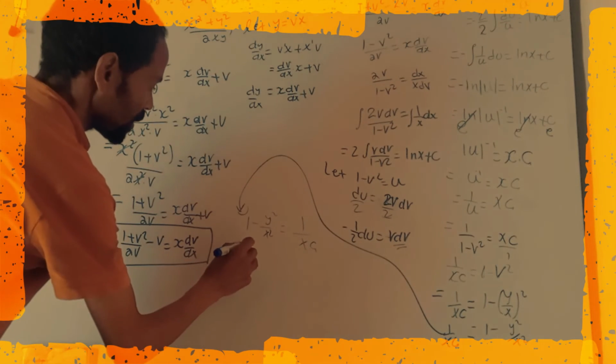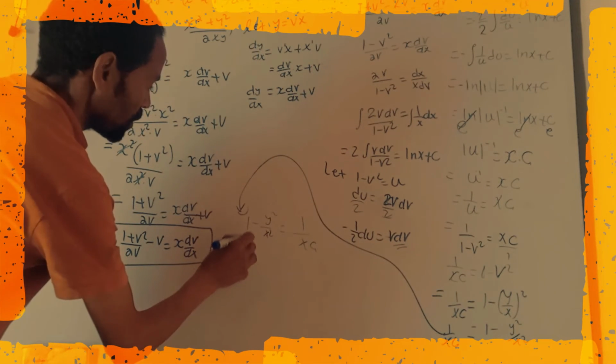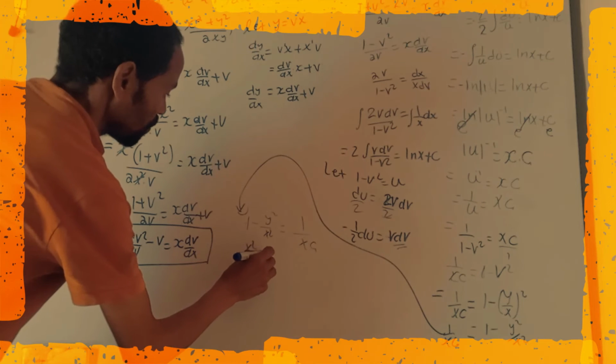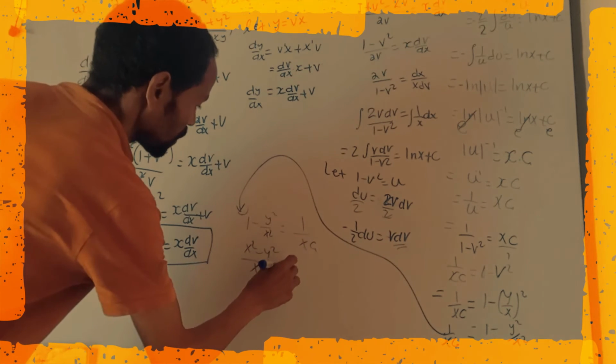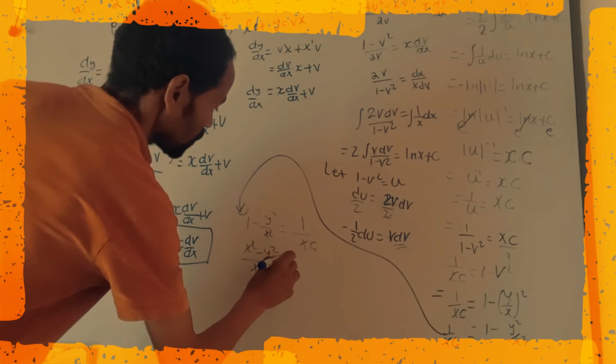Just multiply that. x squared minus y squared over x squared equals c over 1.